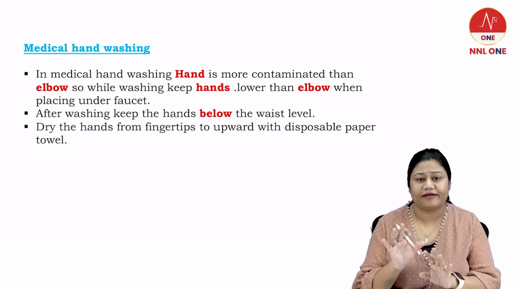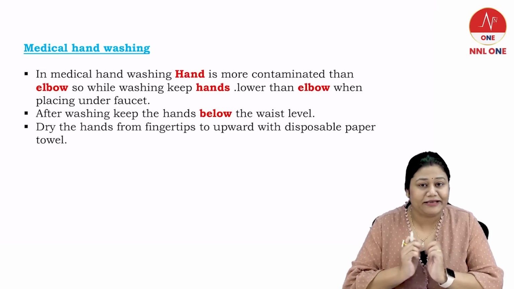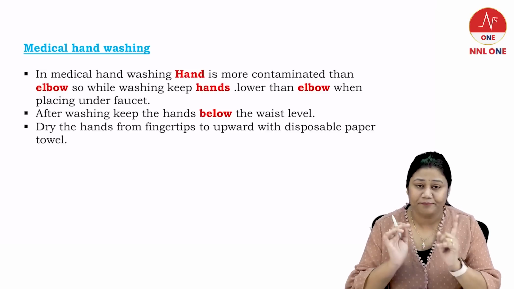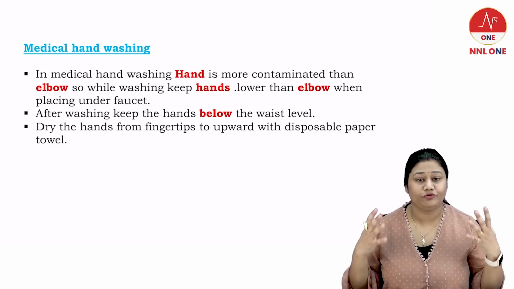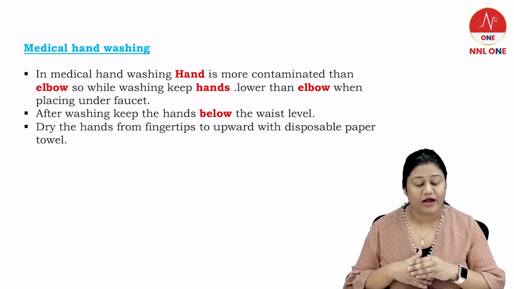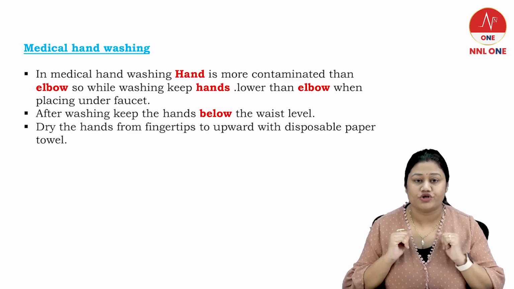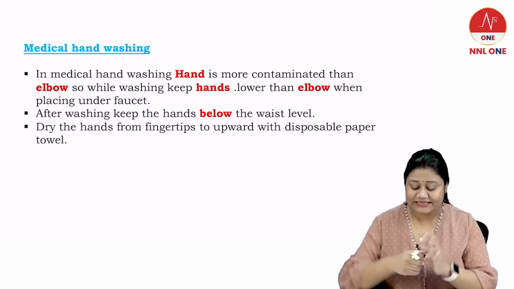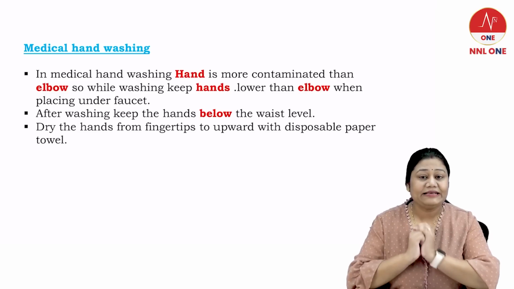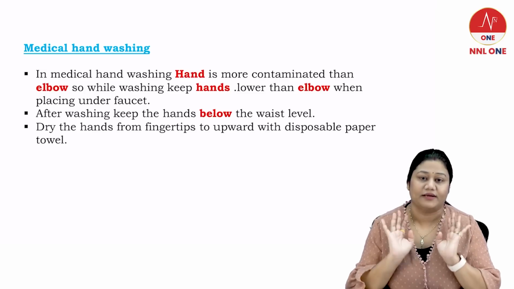Now let's quickly revise medical and surgical hand hygiene. When it comes to medical hand hygiene, the important point number 1 is what the position of your hand will be when you are washing after applying the soapy solution. Always remember, in medical hand washing the hands are considered more contaminated.